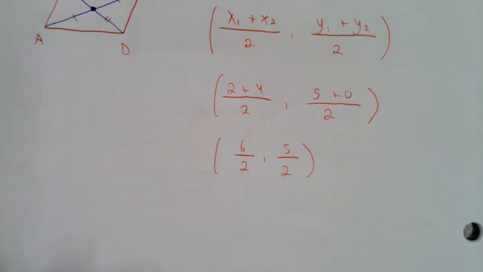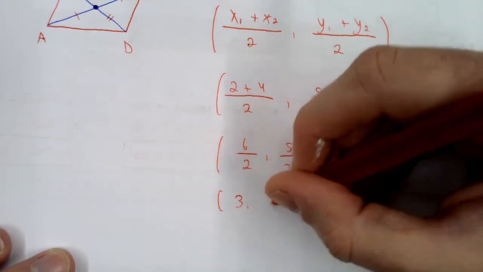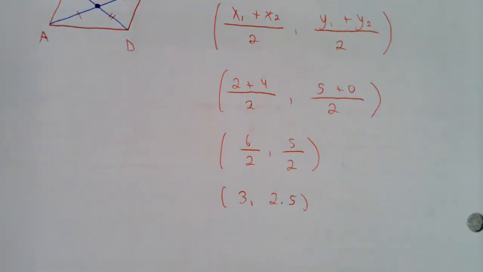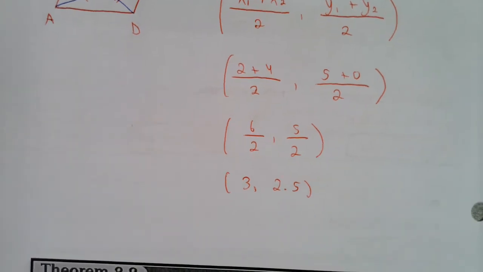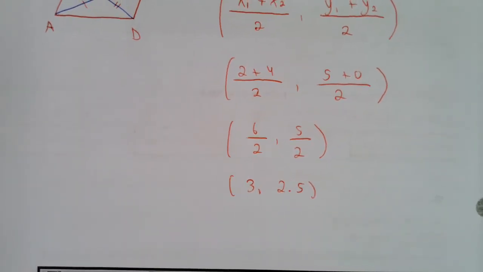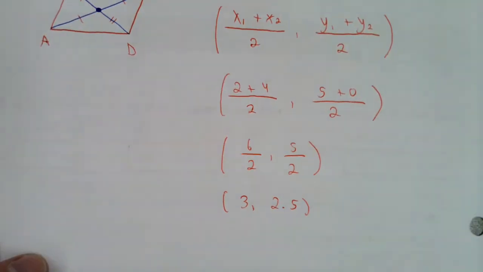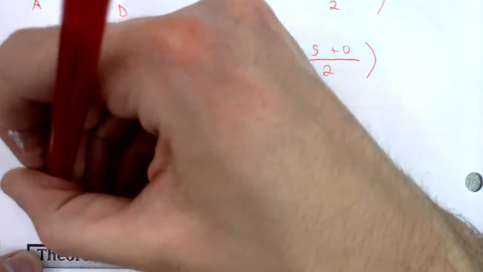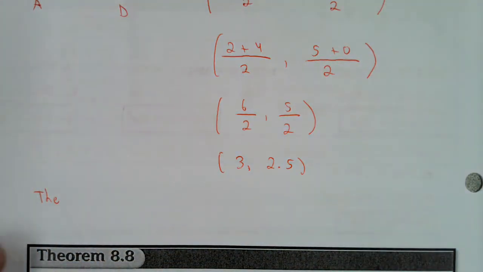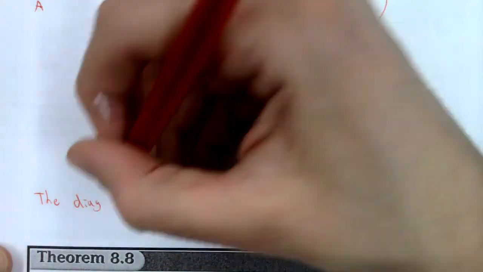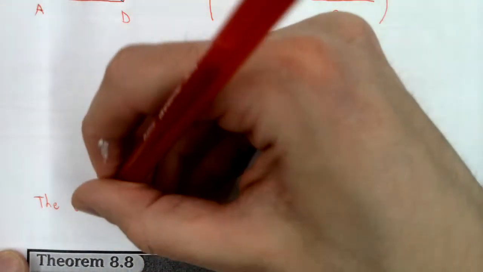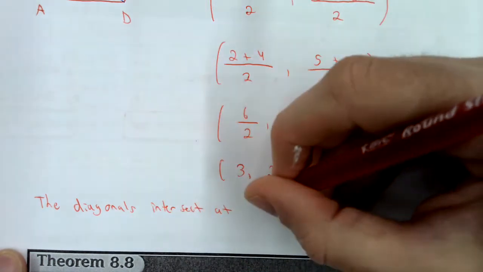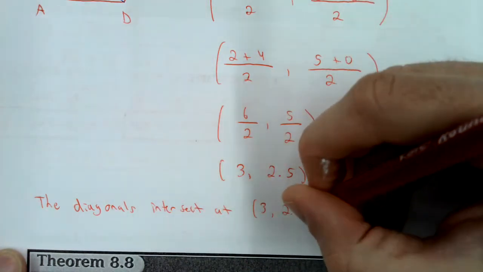Let's make it 3 and then 2.5. I'll say the diagonals intersect at (3, 2.5).